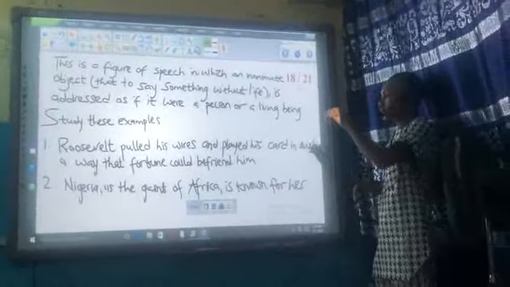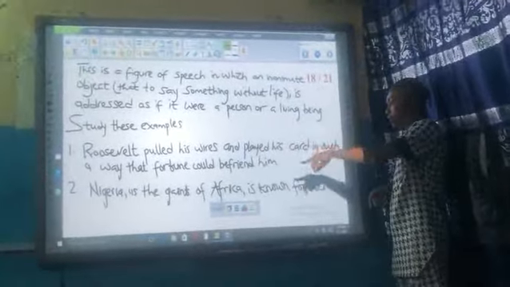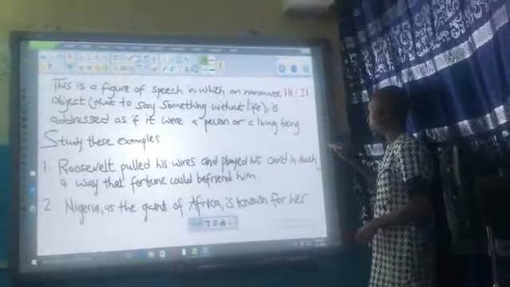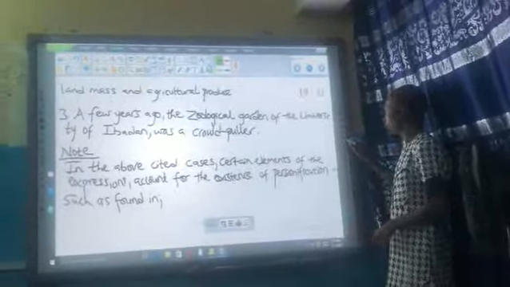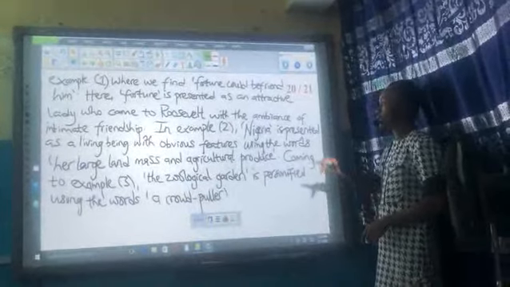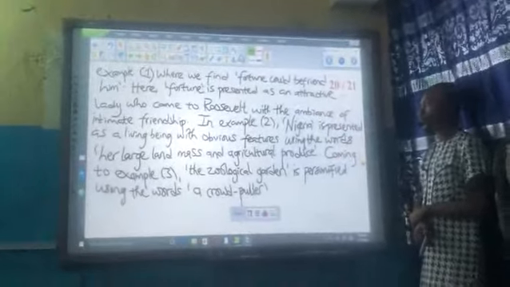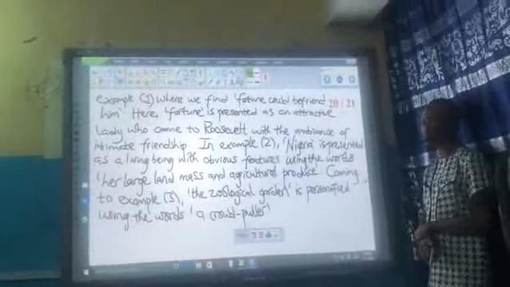Now, "in such a way that fortune could befriend him." That's what makes it personification. Look at what I just pointed out: that fortune could befriend him. That is where personification comes to play.